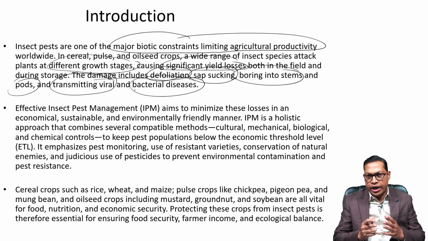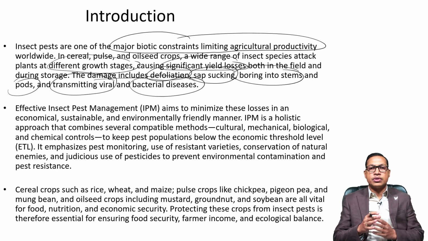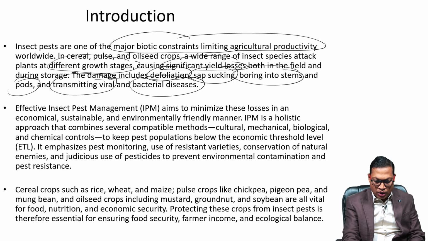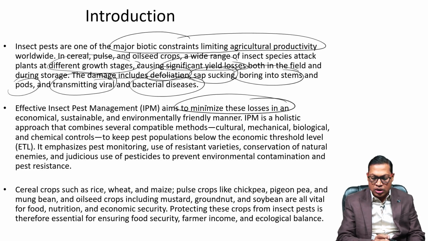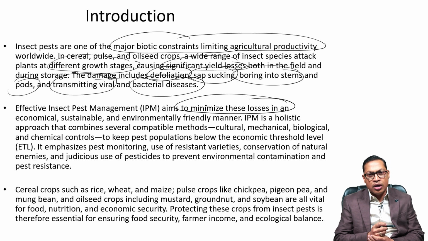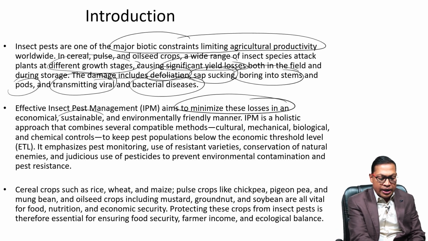So we have to check how we can overcome these problems day by day. There should be effective insect pest management that is economically viable. We have to minimize these losses in an economically sustainable and environmentally friendly manner, so that there is less harm to our environment and the management can persist for a long time.